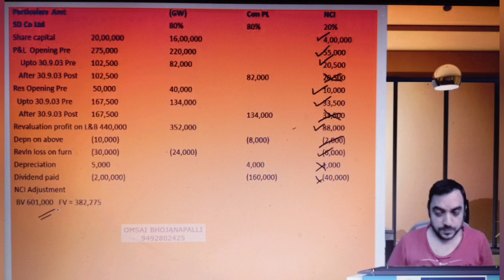Changes. Okay. So they have acquired 80% given in the problem. Share capital 20 lakh, 80%, 20%, 80% goes to goodwill column, 20% goes to NCI column. Please write down.